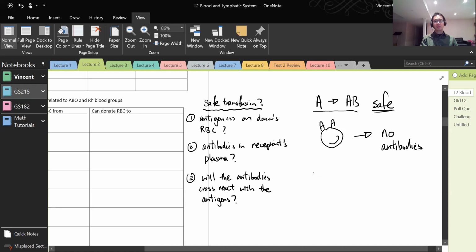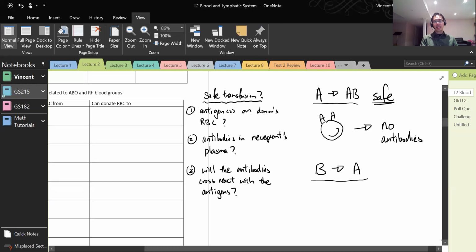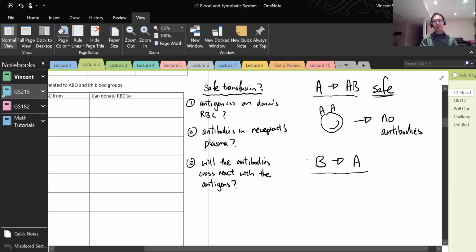Okay, let's try another one. What if I give B blood to an A person? Is this safe or not safe? You know what? Let's do AB blood to an A person. Is this safe or not safe? First question, antigens that are on the donor's RBC. If you are an AB person, you will have A as well as B. And then you're going to transfuse it to a type A person.